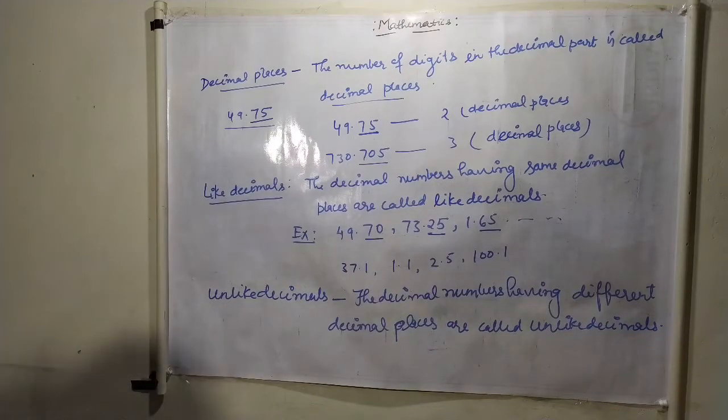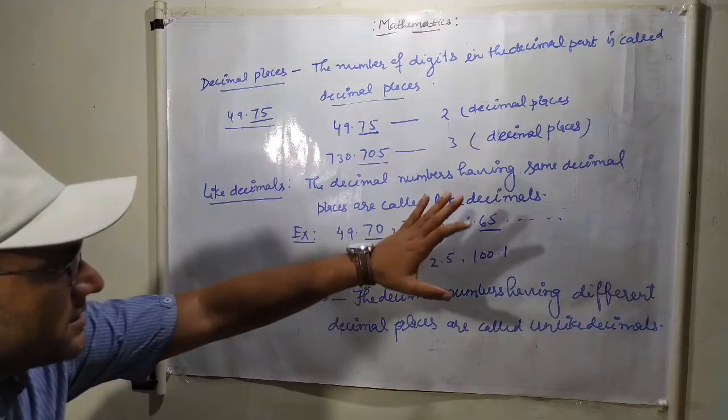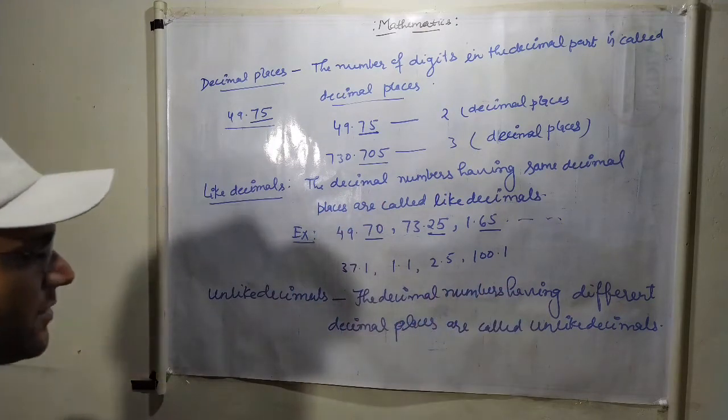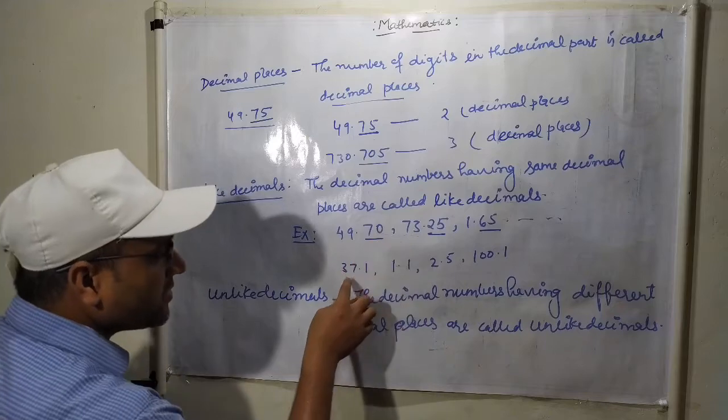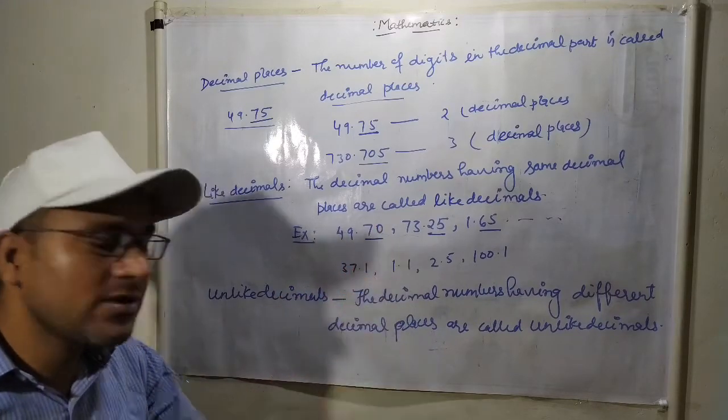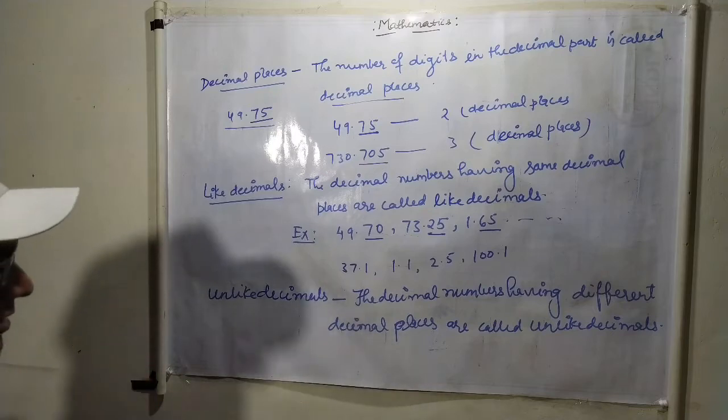So listen, students, like decimals have the same decimal places. Unlike decimals are numbers having different decimal places, like 49.70 and 37.1. This one has two decimal places, and this one has only one decimal place.